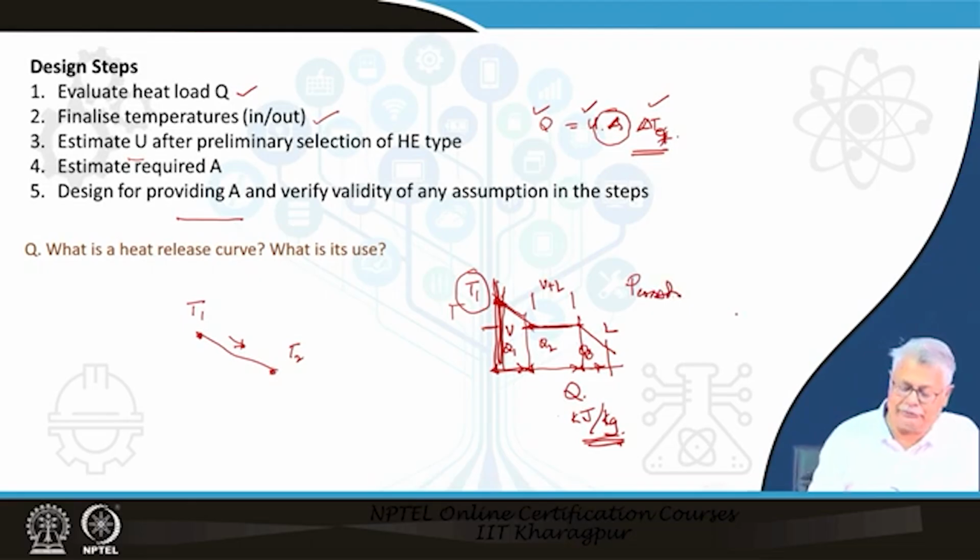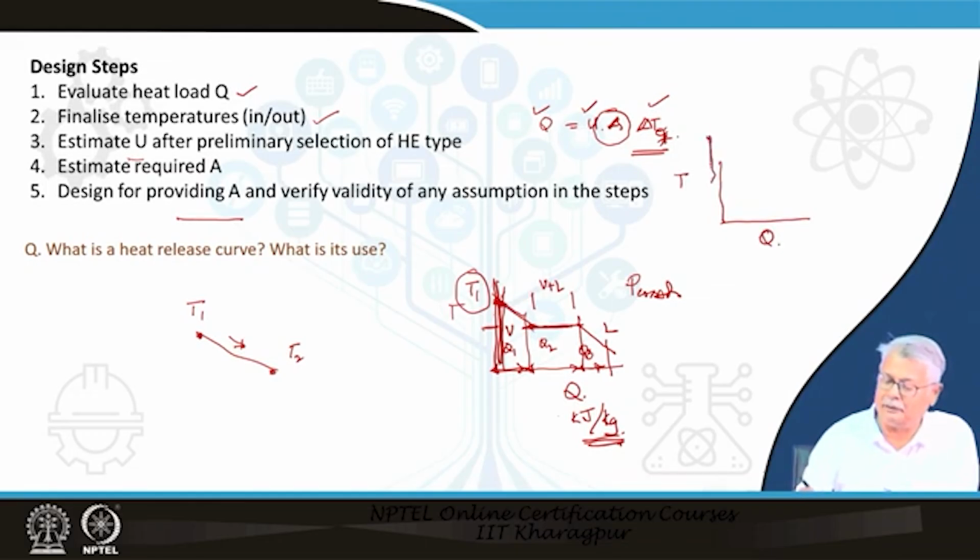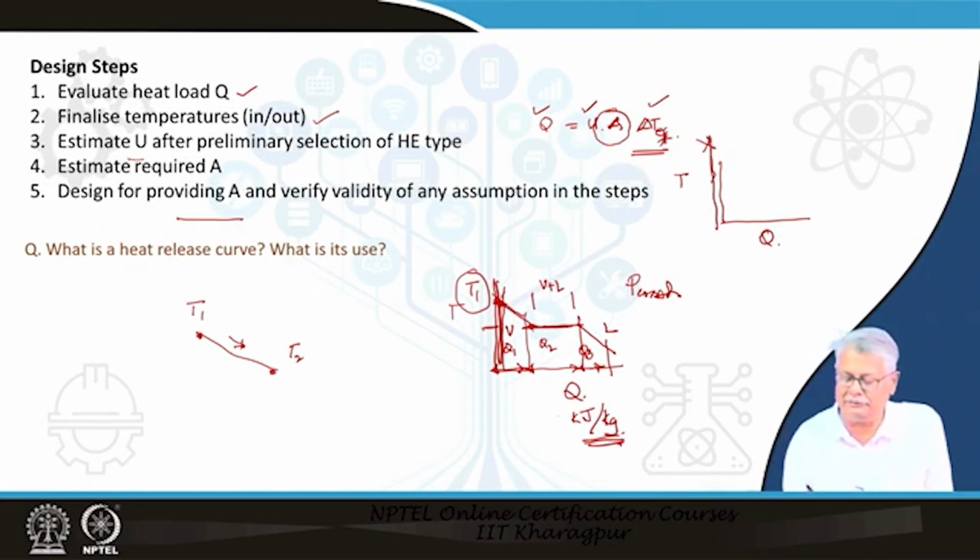If it is a mixture of components, you will have a shape something like this. It will be T here, the vapor above the bubble point.